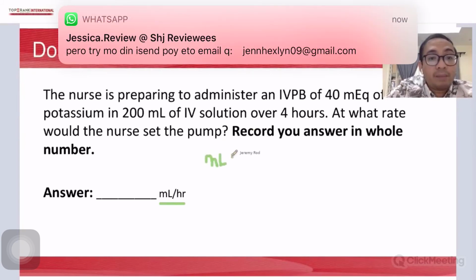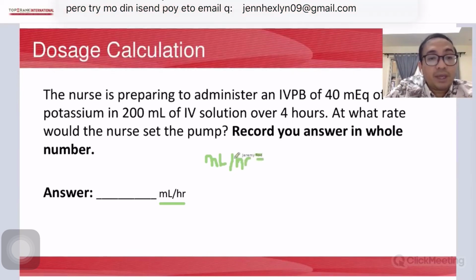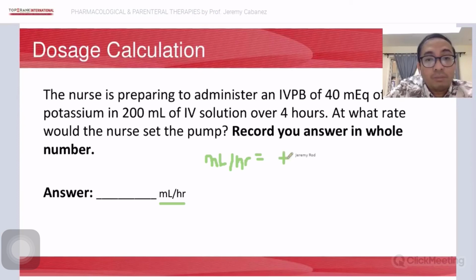Okay, ml per hour. Okay, you have to get the total volume to be infused over infusion time. Right? Total volume over infusion time. And you will get your ml per hour.